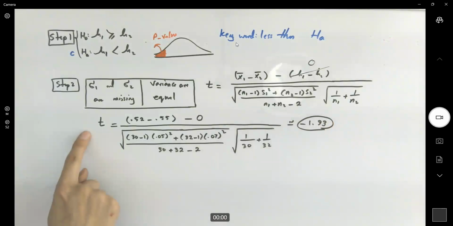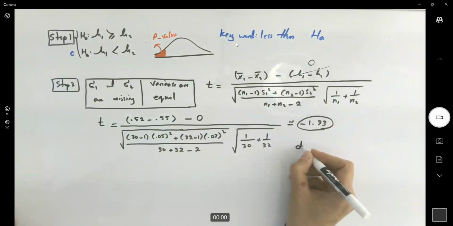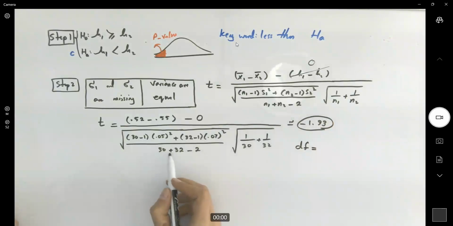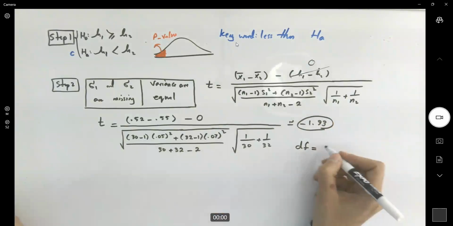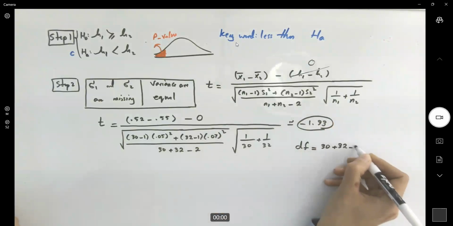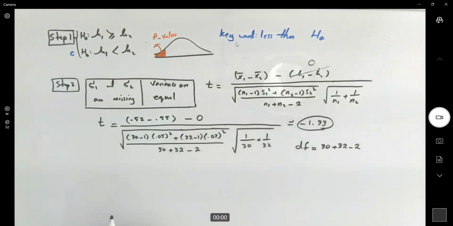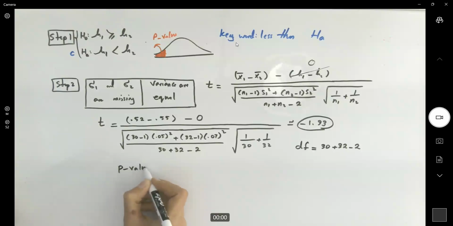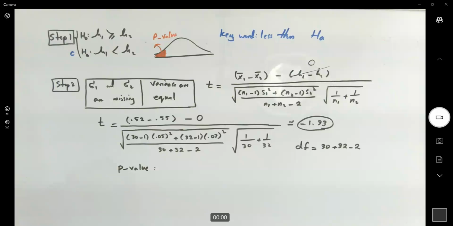Since it's a t-value, I need the degrees of freedom. The degrees of freedom is 30 plus 32 minus 2. Now, what is the p-value? Let's do the calculation. The p-value is about 3%, 0.03. Now, is the p-value less than or equal to alpha? Alpha is 5%.